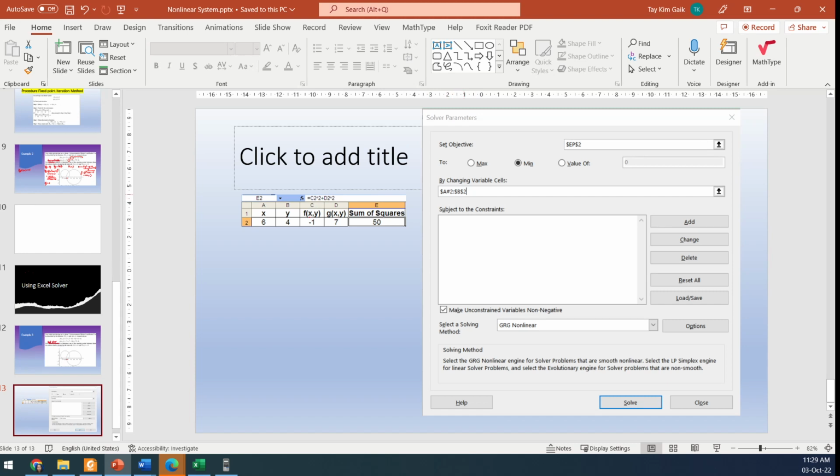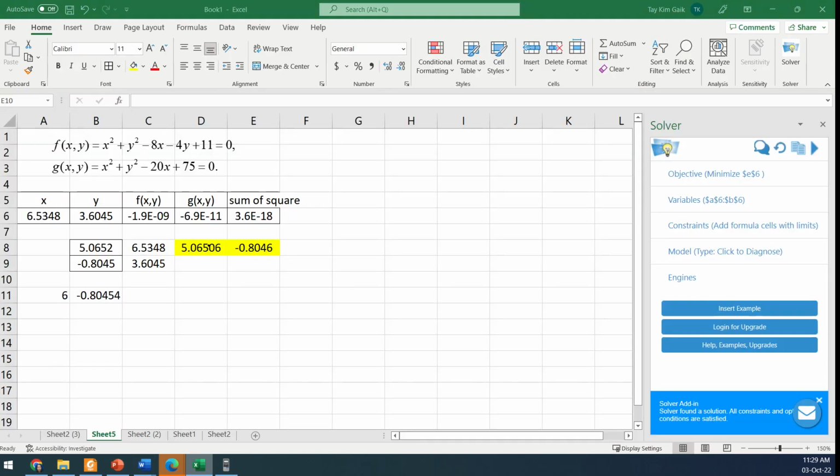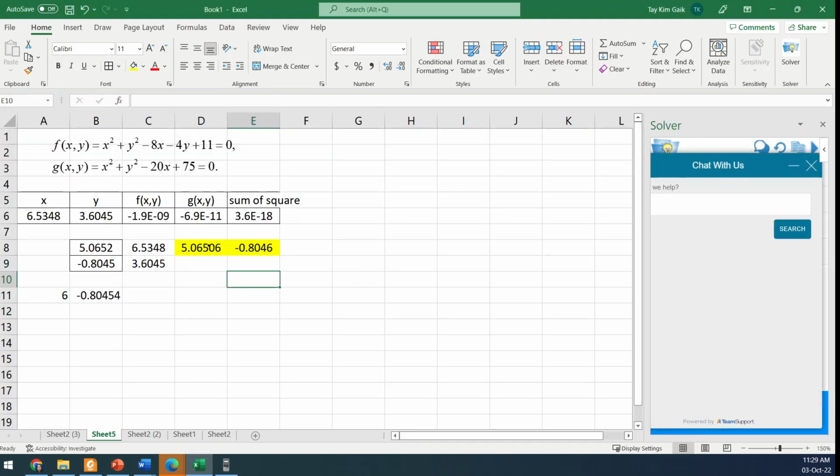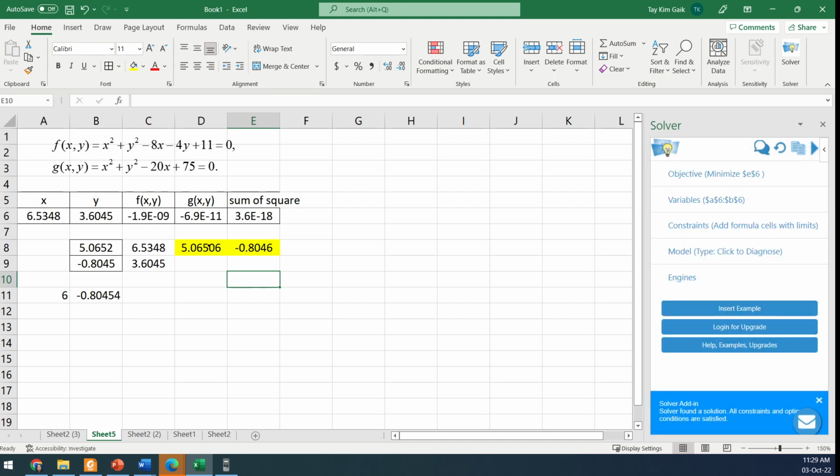So $B$2. This is the old layout, and this one is the latest layout. This is Microsoft Office, but I'm not sure because I don't have Office 2016 or another version. This is the Office 365 latest layout.